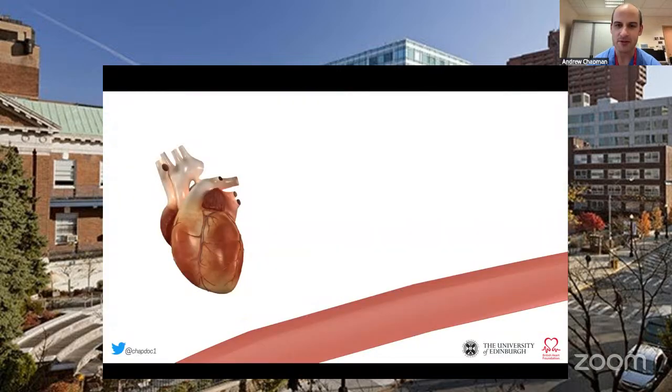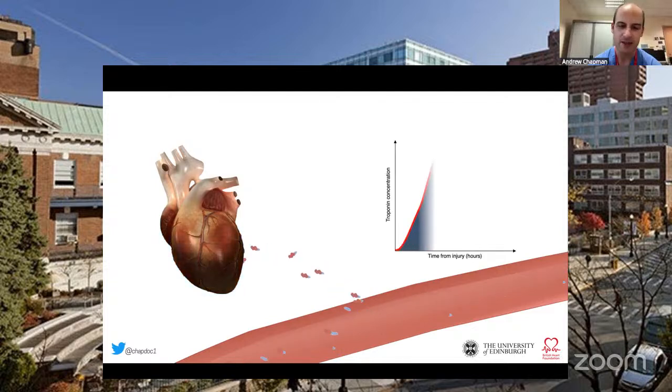So I'm going to start with some basic definitions. We all now know that cardiac troponin can be measured in the bloodstream of the vast majority of healthy individuals, and it circulates as part of regular health and life. When the myocardium becomes injured, cardiac troponin is released in a time-dependent manner into the bloodstream. It peaks following a number of hours after injury, and then falls away gradually, usually over 10 to 12 days.